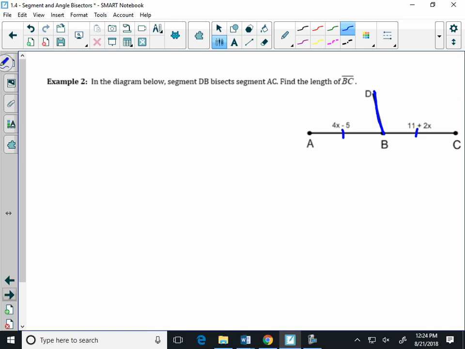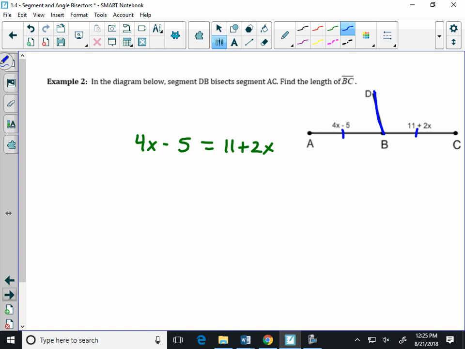Set them equal. Okay? We know they're equal, so set them equal. So we're going to say 4x minus 5 equals 11 plus 2x. Again, bisector, set them equal. Ever see that work? Every time. Okay? So then when we solve, what's our first step in solving?